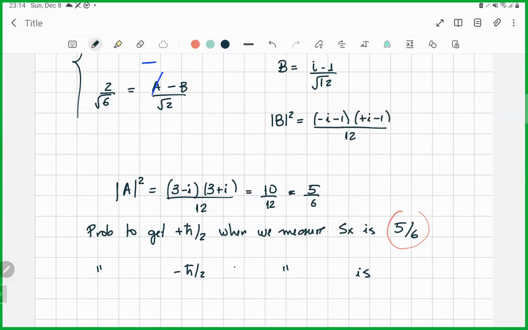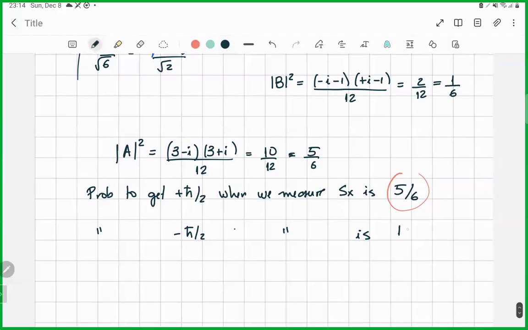This gives us 2 divided by 12. This gives us 1 over 6. So this probability is here 1 over 6. And again, very good. Good check. If I sum the two, it has to be 1 because it's either up or down in the x direction now. So if we sum the two, correct, this does give us 1. So it looks like I did everything correct.